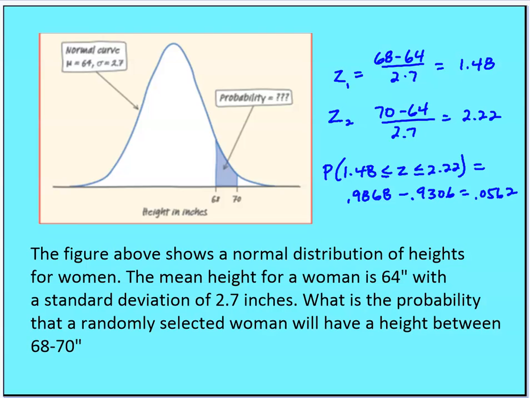And so then we see that 2.22 represents 98.68% of the values below 70, and 93.06% represents the total area underneath the curve below 1.48. So we subtract what's to the left of 68 from what's to the left of 70, and we end up with 5.62%. And so 0.0562 is the probability that a randomly selected woman will have a height between 68 and 70 inches, so about 5.6%.